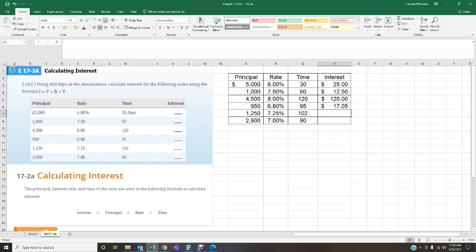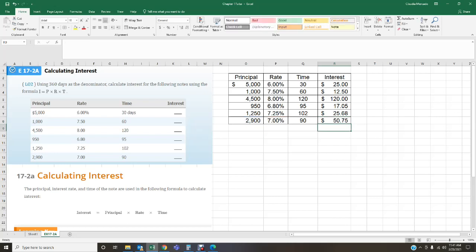So all we're doing is multiplying the principal times the rate times the number of days that have passed divided by 360, okay? That gives me $2,568, okay? The last one we have is the principal of $2,900 times the rate of 7% times the time, 90 days over 360.